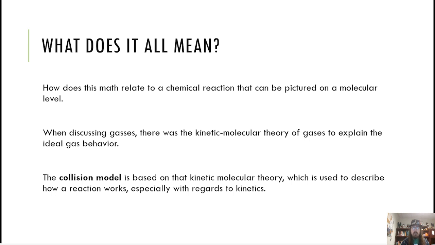Well, this is going to be similar to our gas chapter when we talked about the kinetic molecular theory of gases. Well, gases bounce around, they have so much energy based on their temperature, and all reactions are collisions, essentially.